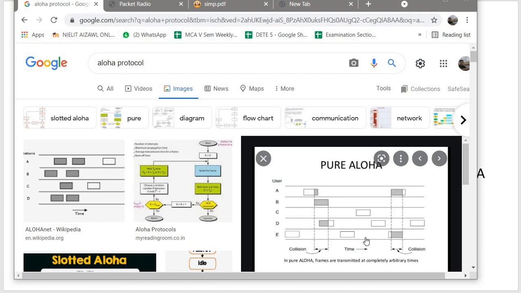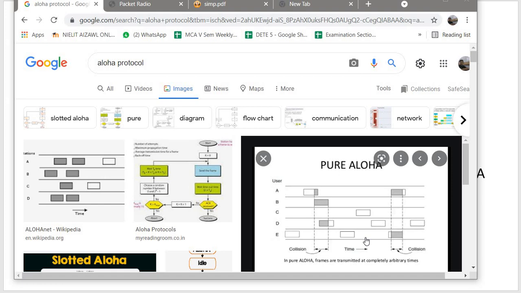Pure Aloha does not check whether the channel is busy before transmitting. It does not care about the communication medium, whether there is any transmission or not. It simply transmits.